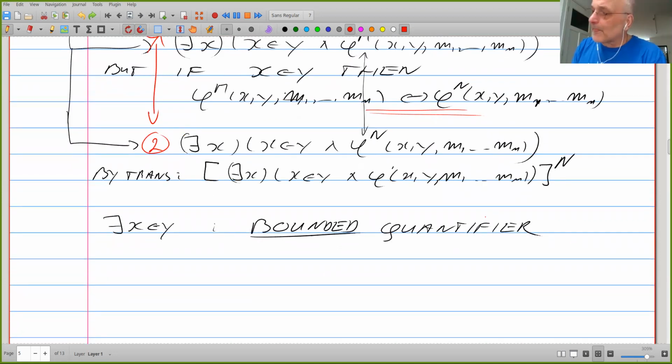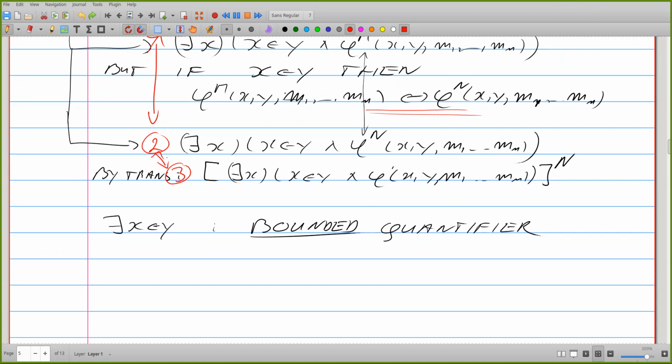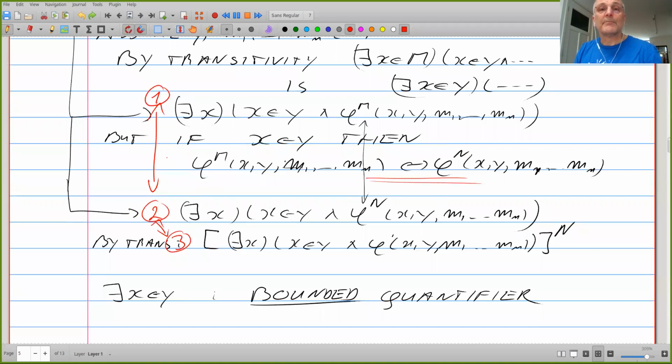And these two are equivalent by transitivity of N. Because the X, I never chose an X. There might not be an X that does this. The formula might be false, the first one.